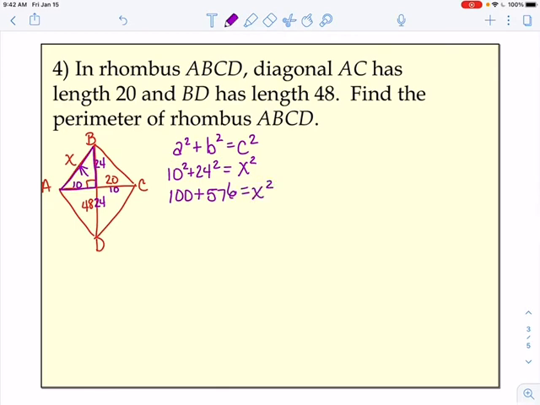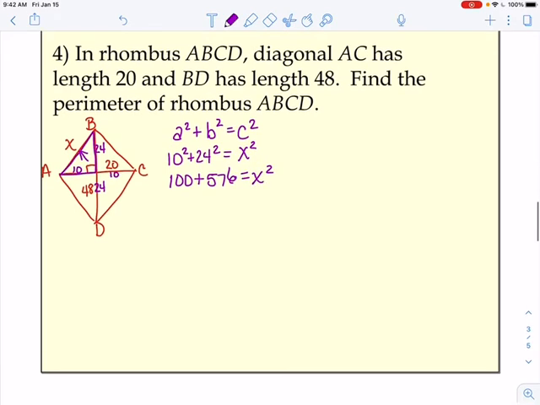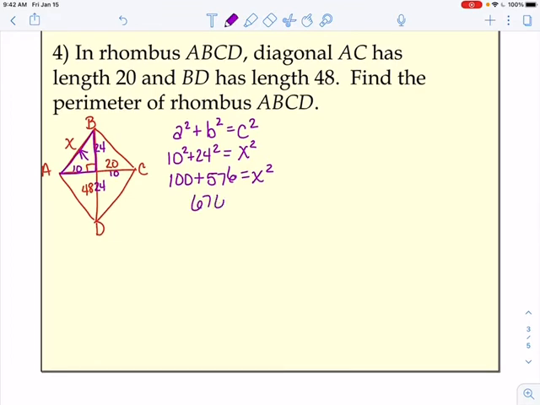So I'm going to have 100 plus 576. And when you add that, you should get an answer of 676, which is going to equal x squared. Then we're going to take the square root of both sides. 676 is a perfect square. So when you put it into the calculator, you're not going to have to round it to anything. There is no simplest radical form here. The square root of 676 is 26.